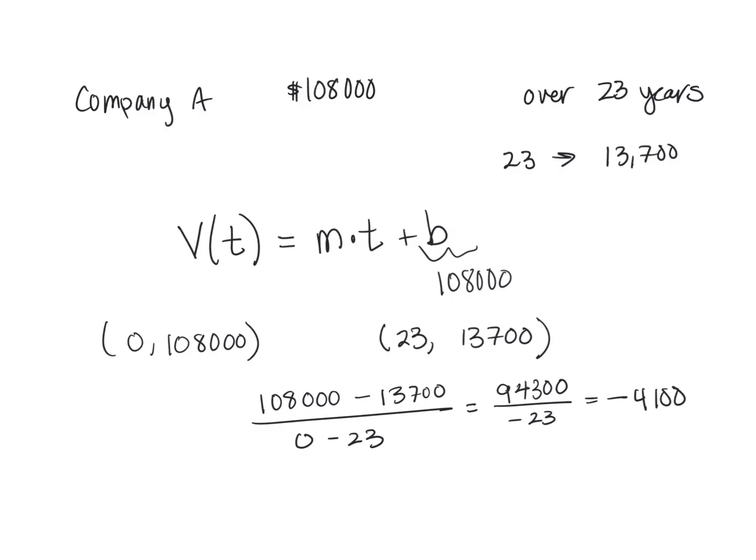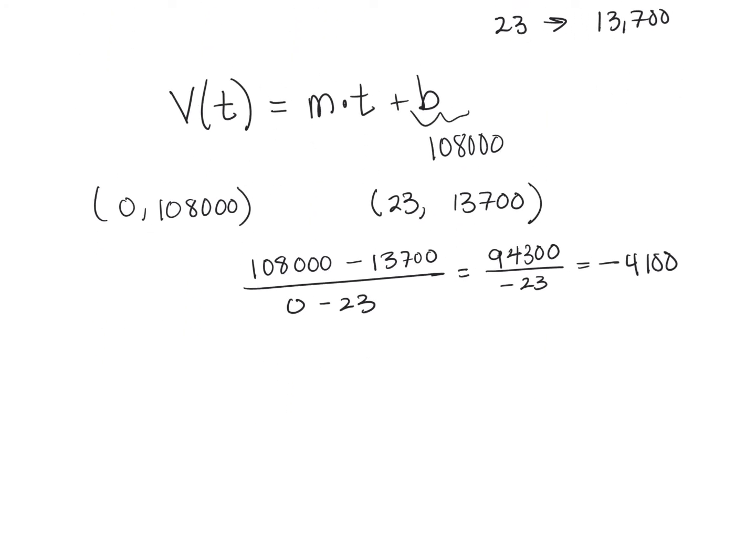It's essentially saying that this is reducing in value $4,100 every year. So V of t is equal to negative $4,100 times t, the number of years old it is, plus 108,000. And that would be my equation for this.